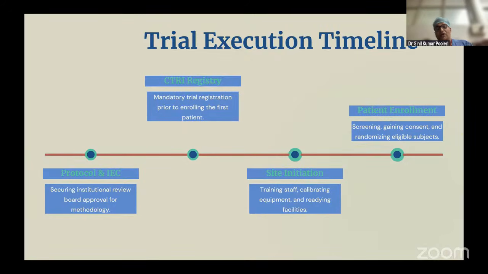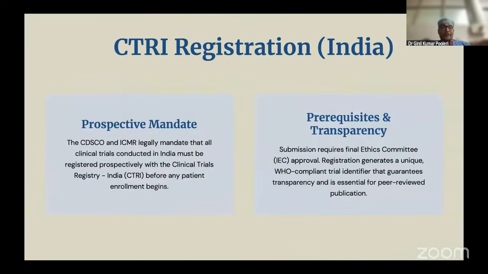If it is multi-center, you have to initiate the sites, discuss the study with different people, and see who is going to take up the study there. Then you start patient enrollment. CTRI registration is very important nowadays, so you have to go for CTRI registration after ethics committee approval.